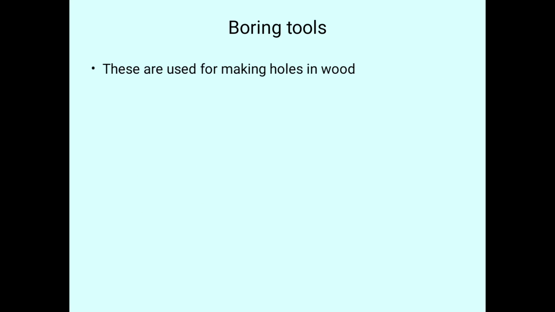Firstly, what is a boring tool? These are used for making holes in wood. So these boring tools are used for making holes in wooden workpieces. Now you can see the types of boring tools.